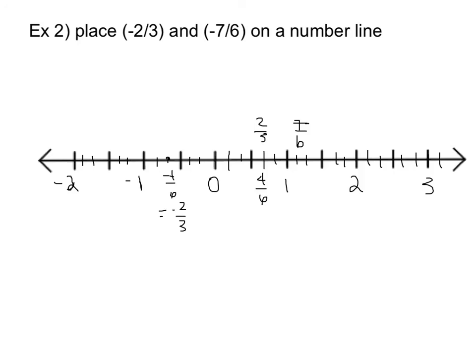Now I'm going to place my negative 7/6. Positive 7/6 was 7/6 of the way to the right, so negative 7/6 must be 7/6 to the left. Negative 7/6 must be right here. So that's where we're going to put our negative 7/6 on the number line.